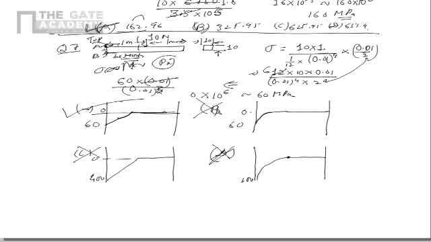Now let's see the 8th question which is there. Question number 8. Two beams, one having a square cross section and another a circular cross section. Okay, so there are two beams. One has a square cross section and another has a circular cross section.